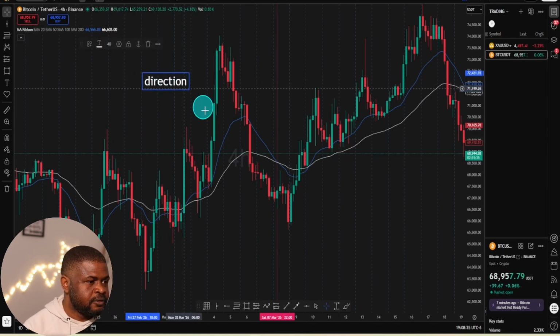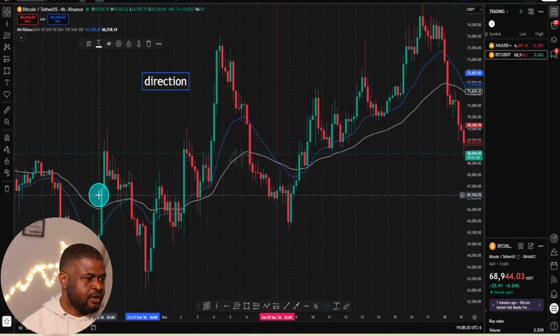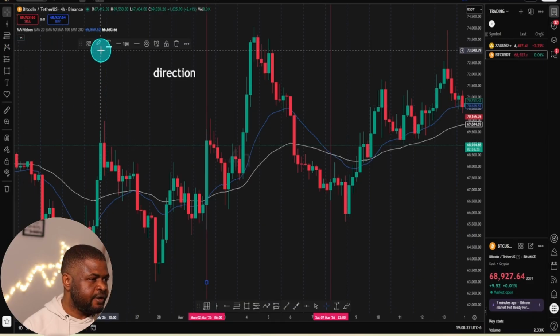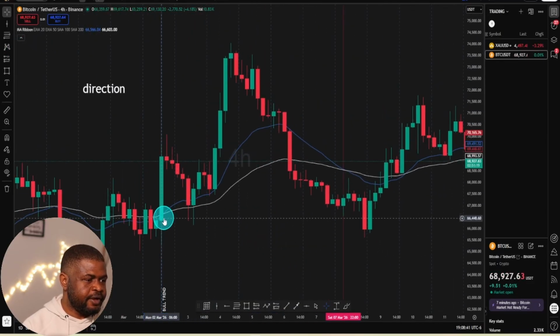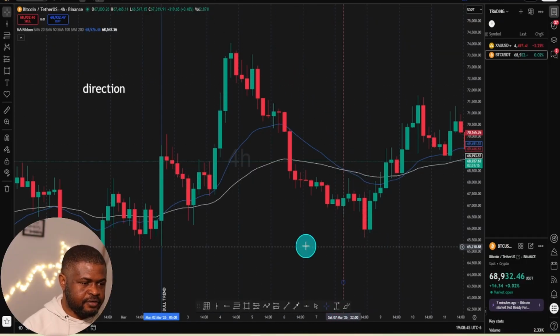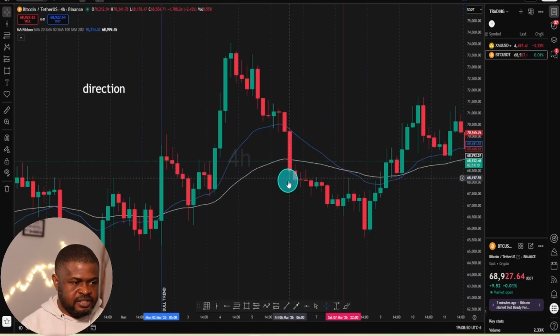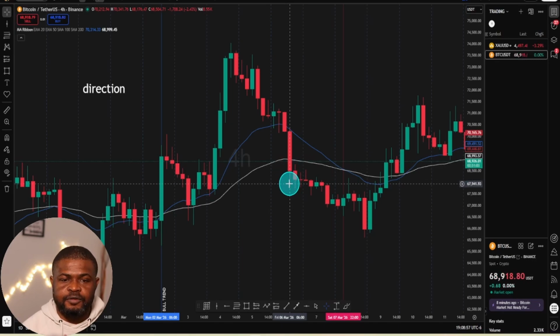So in my mind, the direction is up at this point. From here, say we are bullish, and that makes the direction up. From here up to this point there was a crossover, it was up. So even though this candlestick closed below the 50 EMA, the white one is the 50 EMA, I'm still looking for a buy.